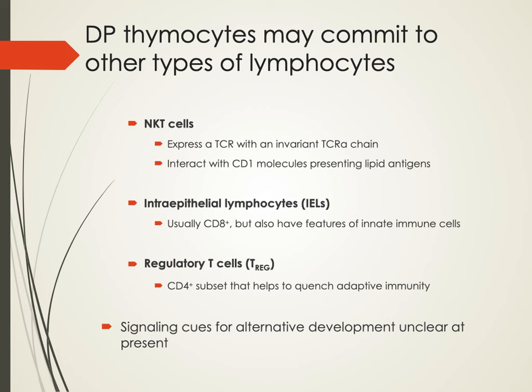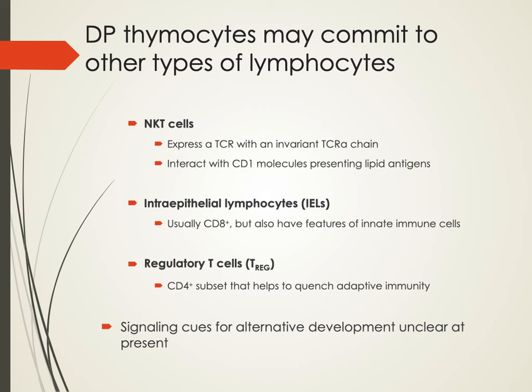Okay, we also have intraepithelial lymphocytes. These usually have CD8 expression, but also have some of the features of innate immune cells. So they don't have the same specific type of reaction that we would see with a CD8 positive T cell. And then we also have our regulatory T cells. These are from the CD4 subsets, and they help to regulate adaptive immunity.